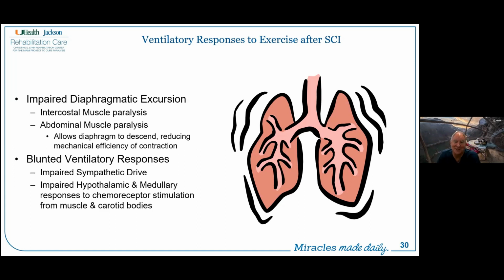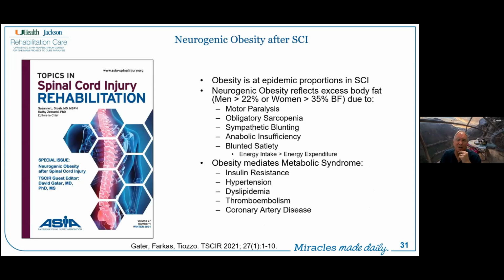You want to be able to utilize oxygen as much as possible. But after spinal cord injury, you have both this neurogenic restrictive and obstructive lung disease. And so recognize that prescribing exercise is going to be a little bit different for our folks with spinal cord injury.